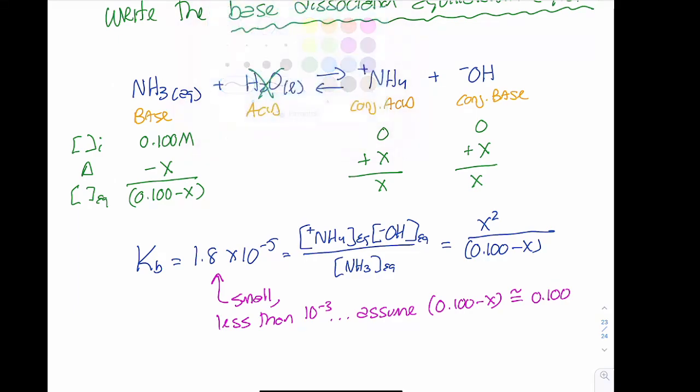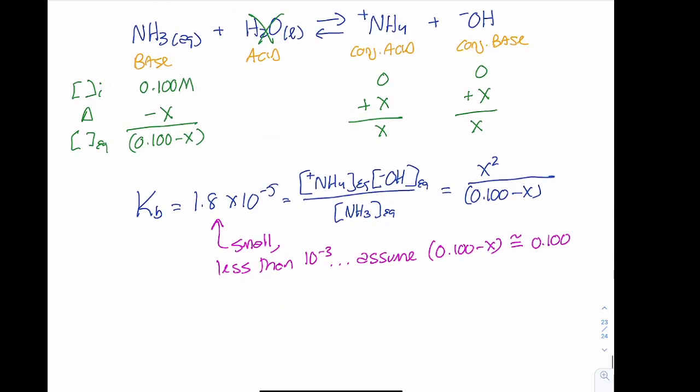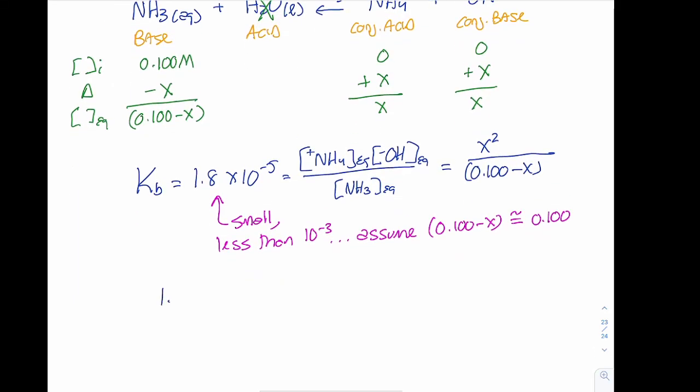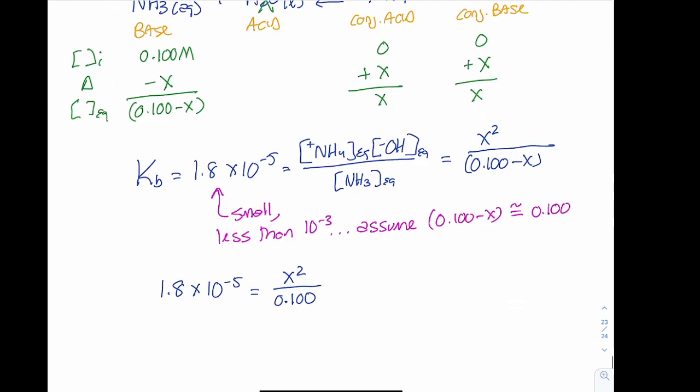So I'm going to rewrite that one more time just so I have it a little neater. 1.8 times 10 to the negative fifth is going to equal x squared, and then using my assumption is just over 0.100. So I'm going to grab my calculator. I want you guys to do the same, and we'll solve for x here.